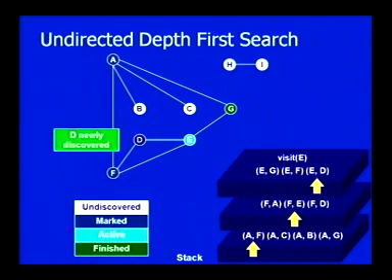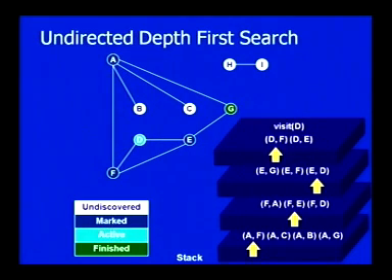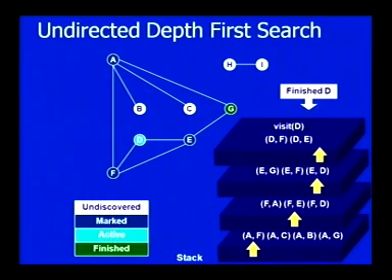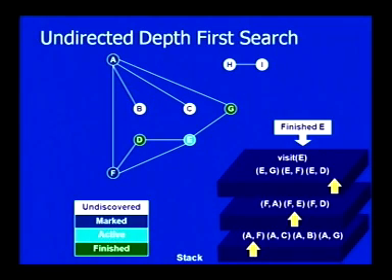D has two neighbors, E as well as F. F is already marked, it is of no use. Then E is also already marked, we have already visited it and there are no more entries. So in the next step we pop this particular record.